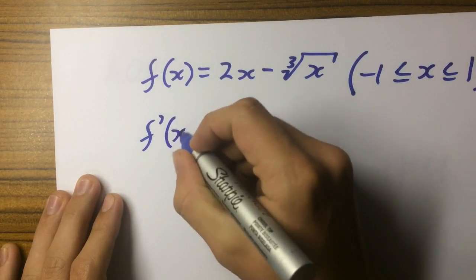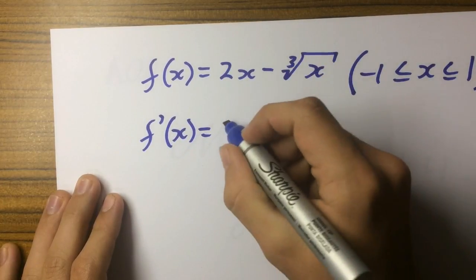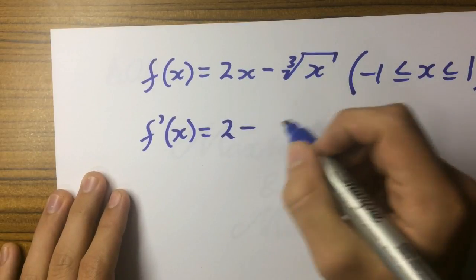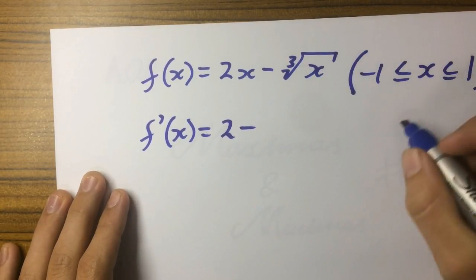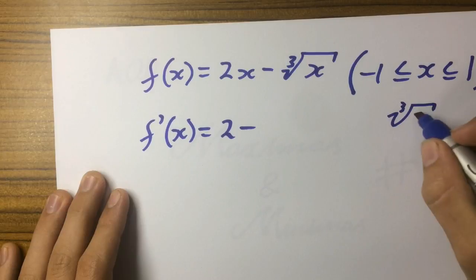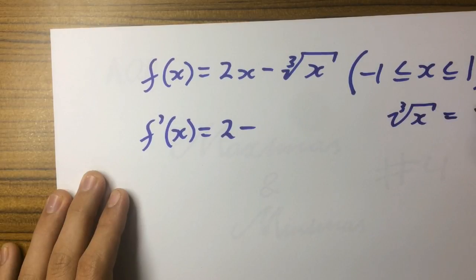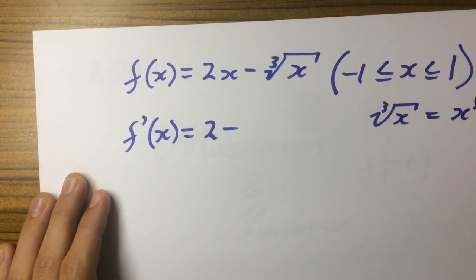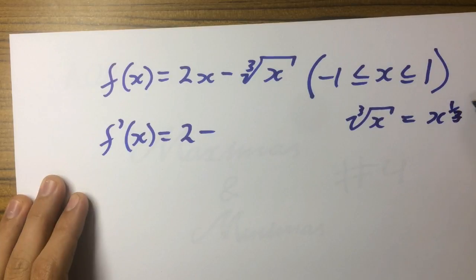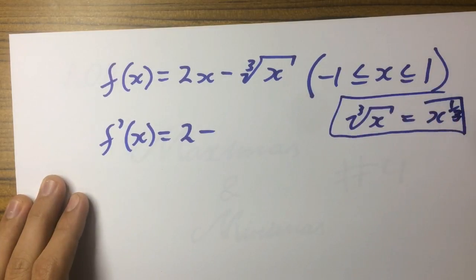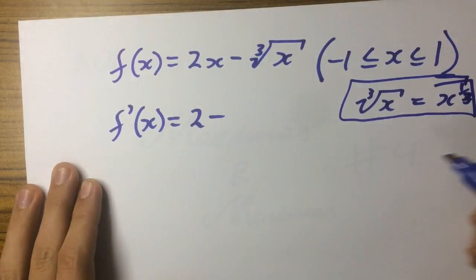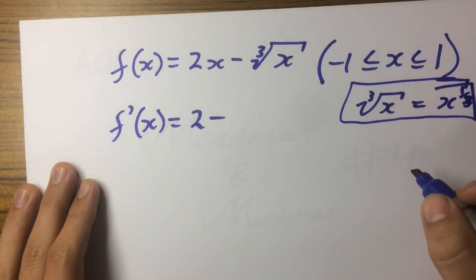The derivative of 2x is just 2, and the derivative of this, well, this is cube root of x, which is the same as x to the power of 1/3. So that's a 3, by the way.